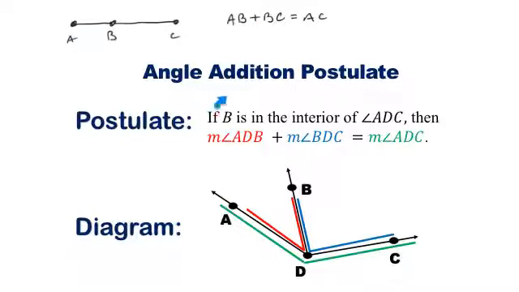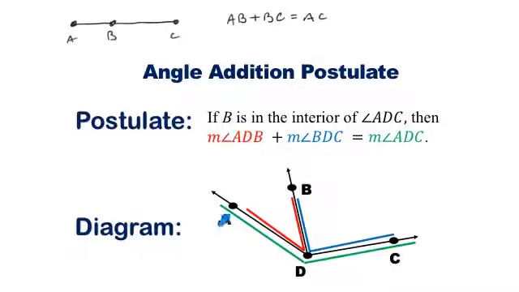Well, with angle addition, it is very similar. The only difference is now we are adding angles. It might be a little bit harder to see because segments are pretty straightforward, but angles could be a little trickier. Here we have really three separate angles. We have ADB, the red one. We have angle BDC, the blue one.